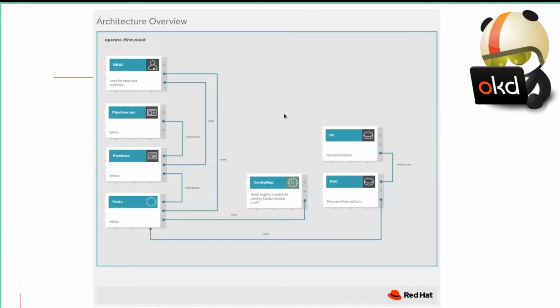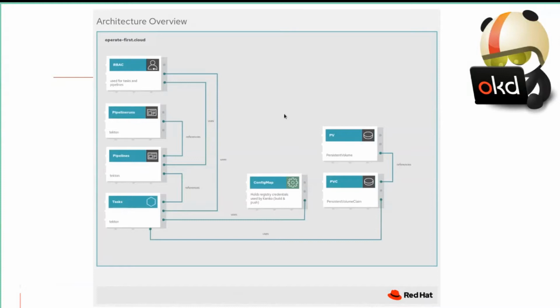And then the supporting infrastructure, we have config maps. Config maps are objects within OpenShift that store key value pairs, and there we store credentials used for pushing images. We use Kaniko, the Google container tool. It's really, really cool, powerful.